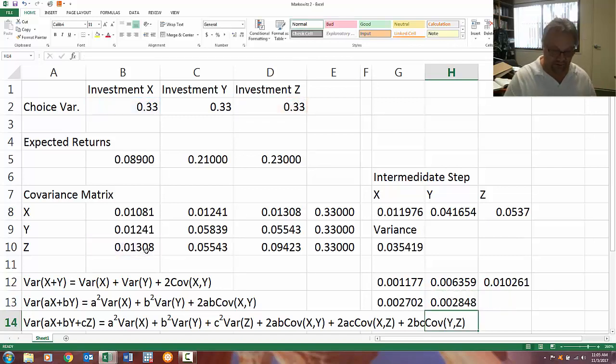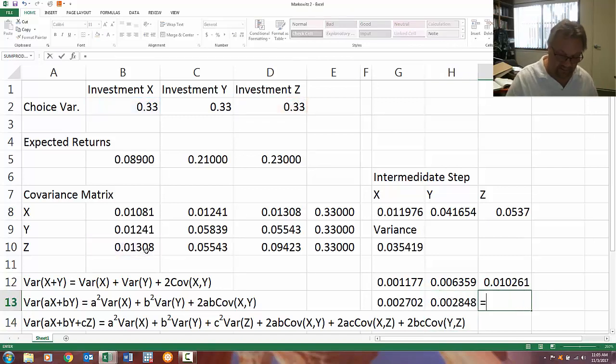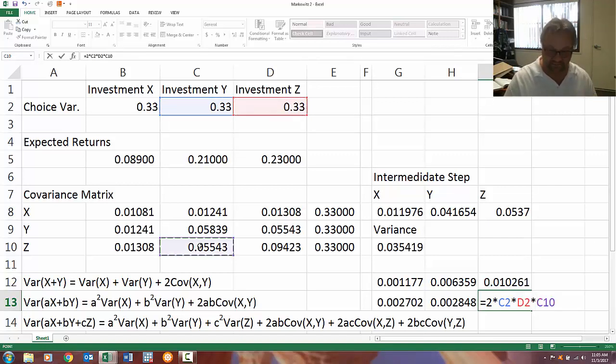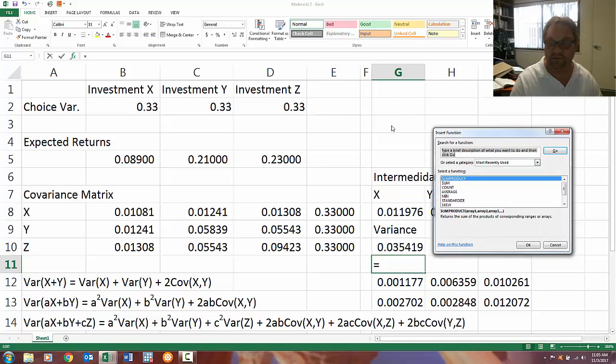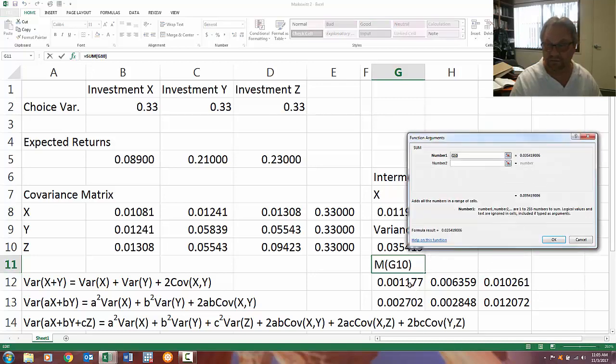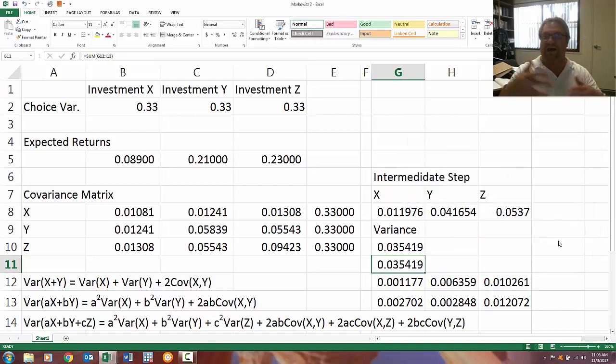That's this number. And then finally, I have 2 times b times c times the covariance of y and z. That's this. And then lastly, I just have to add everything up. So if I sum all of these, voila, I get the same number.